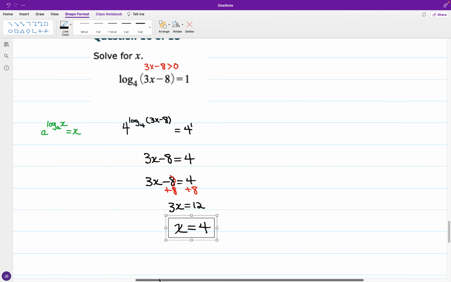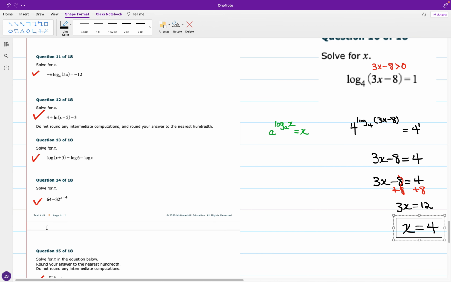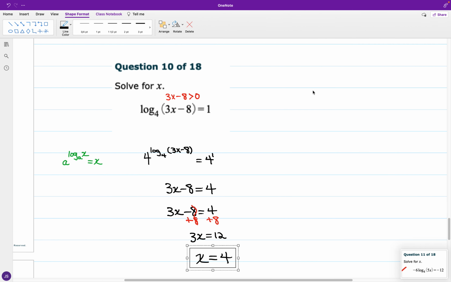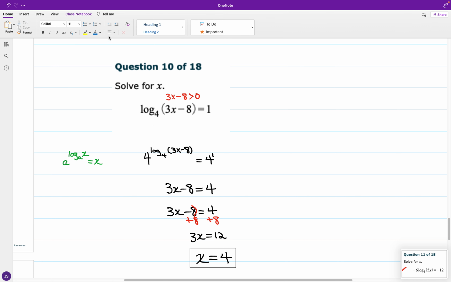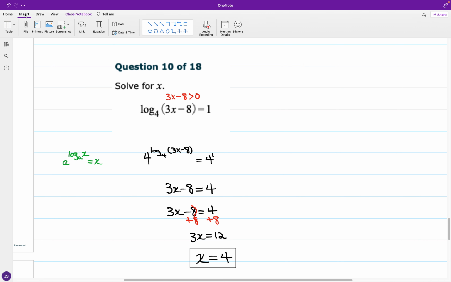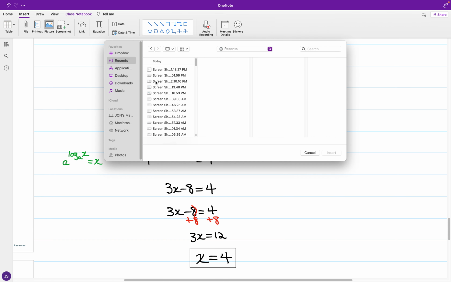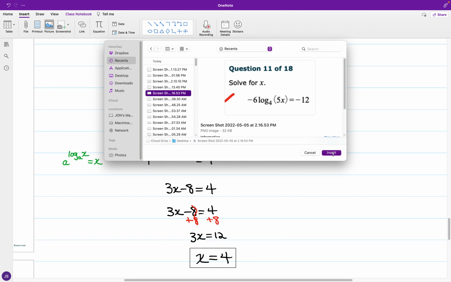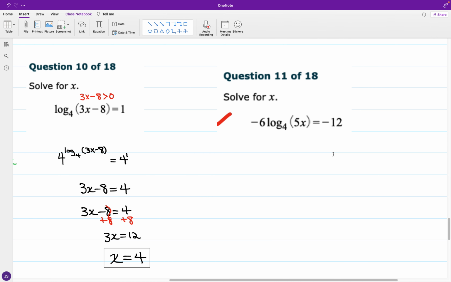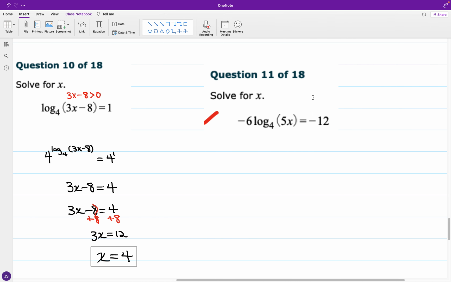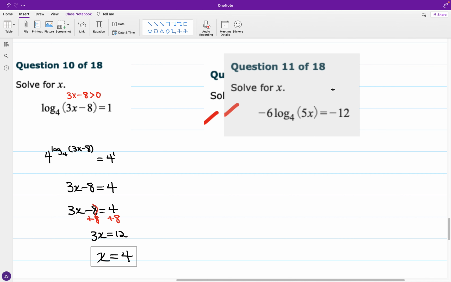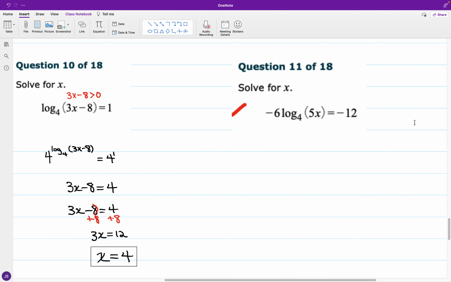Now in the case of number 11, this one will have a little different twist to it, and we've got leading coefficients on both sides. So I'm looking at -6 times the base 4 logarithm of the quantity of 5x is equal to -12.